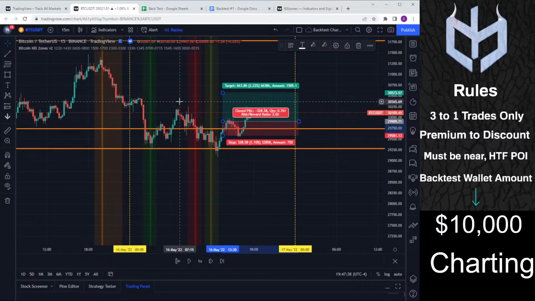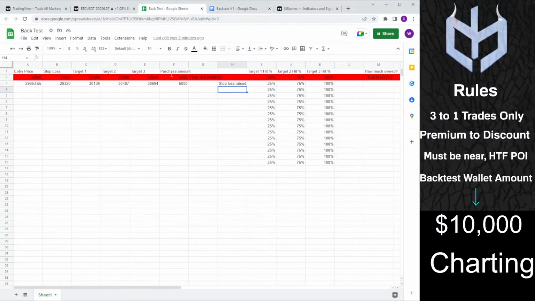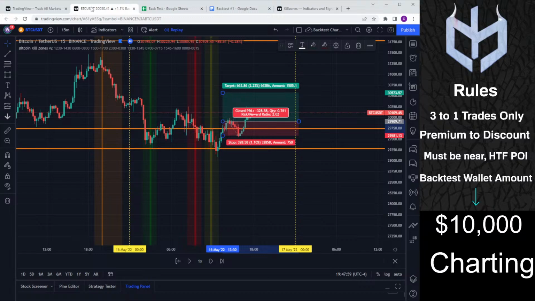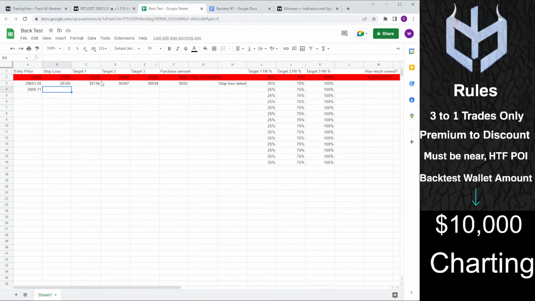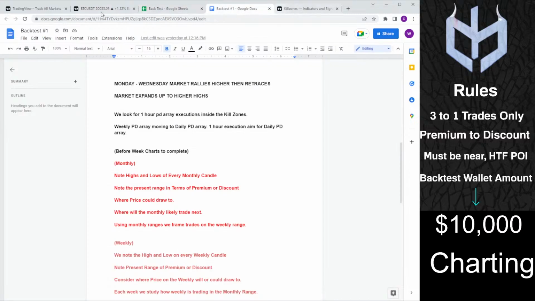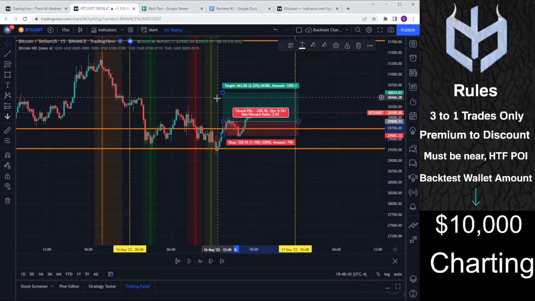And if we hit first target, I'm just gonna move my stop loss to break even. That is an entry at 29097.1. 357.